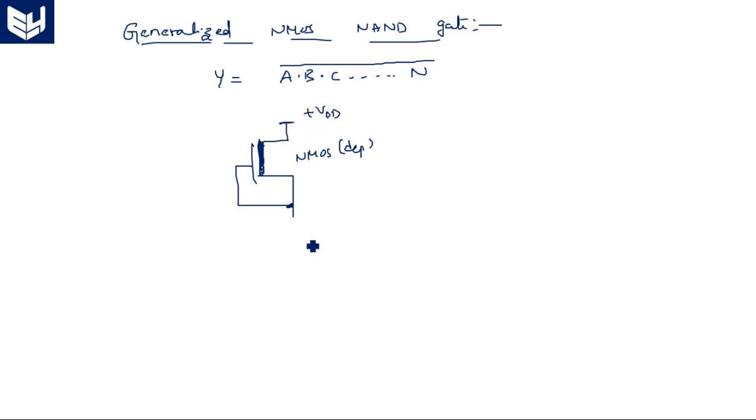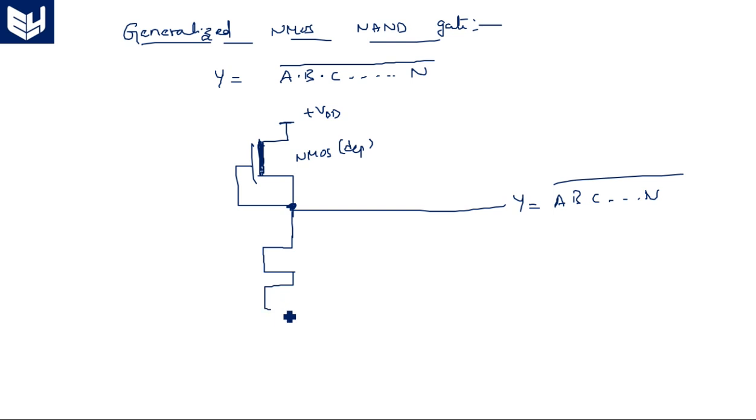VDD. Now in the pull down network, output should be A, B, C and so on, n whole bar. How many inputs are there? N number of inputs are there. That's why n number of transistors must be connected in series, because number of inputs equals number of transistors.